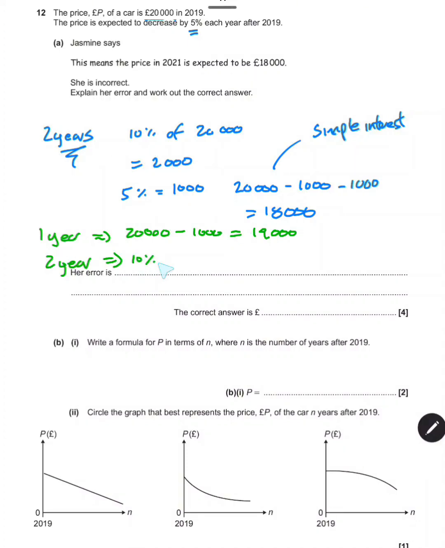So 10% of 19,000 is, just take a zero off once again, divide by 10, 1,900. That means 5% is half of 1,900, which is 950.